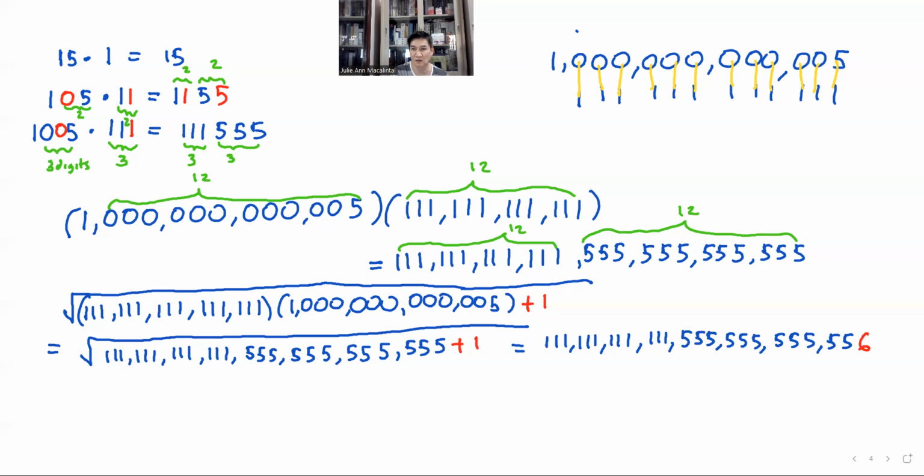So this is the square root of this number.